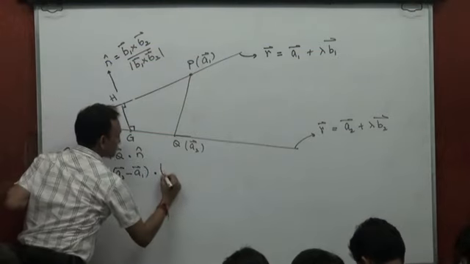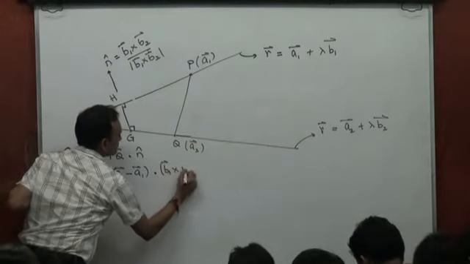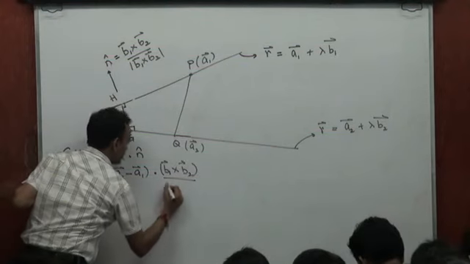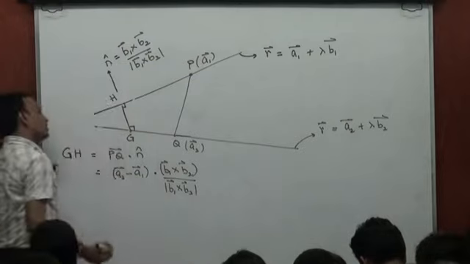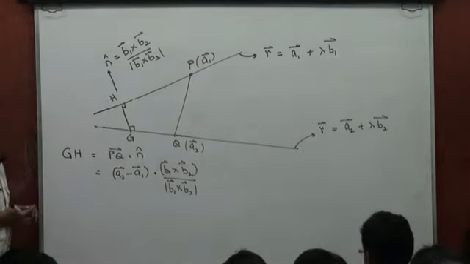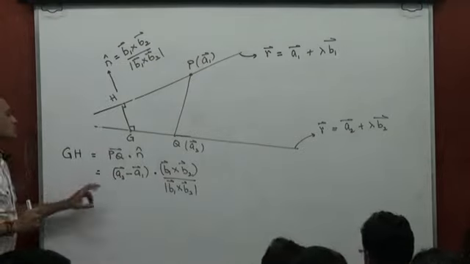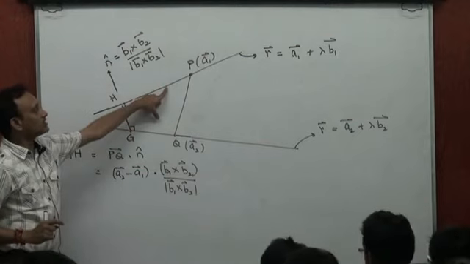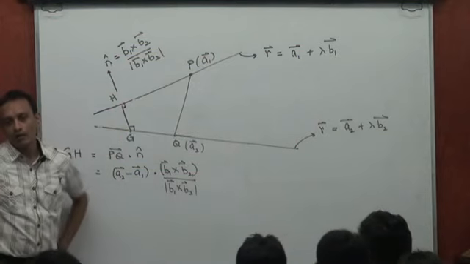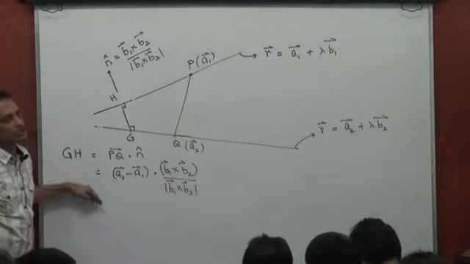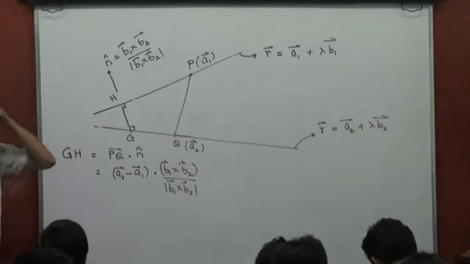N cap is B1 cross B2 divided by mod B1 cross B2. This is the shortest distance between two lines, r equal to A1 plus lambda B1 and r equal to A2 plus lambda B2.